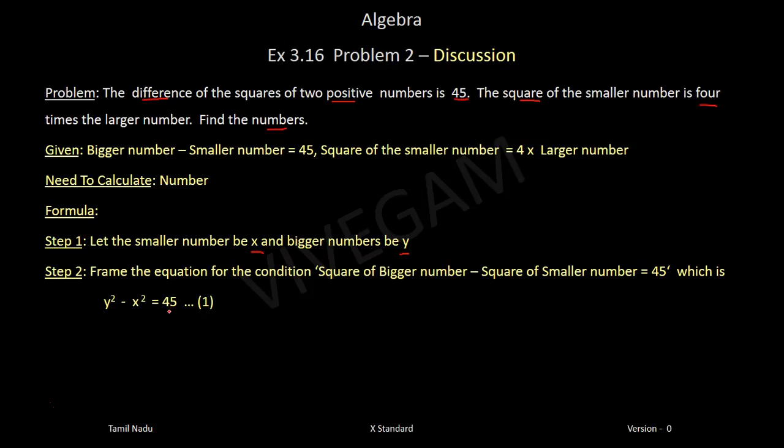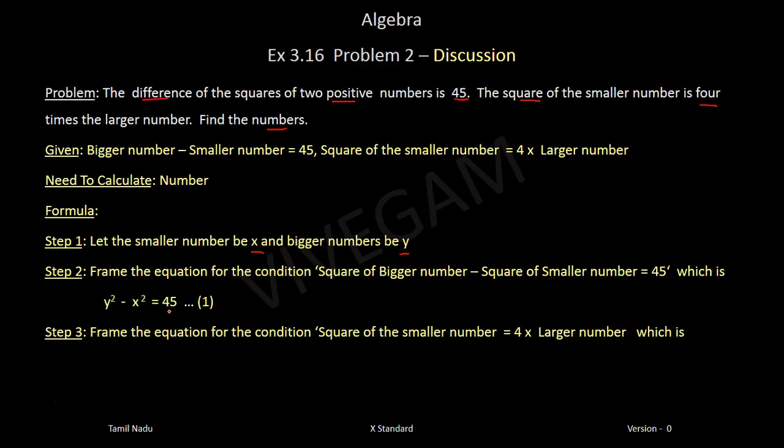Like that, slowly develop the equation. Now we have developed the first equation. What's the second equation? Frame the equation with the second condition: square of the smaller number equal to 4 times the larger number. The smaller number is x, so its square is x square.